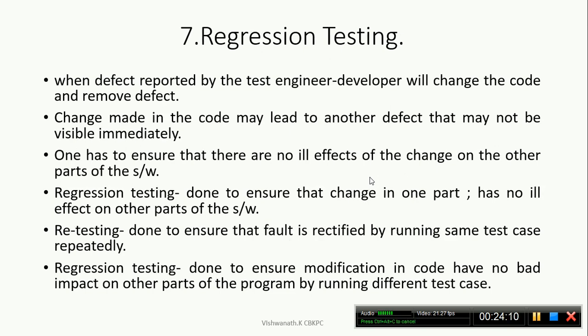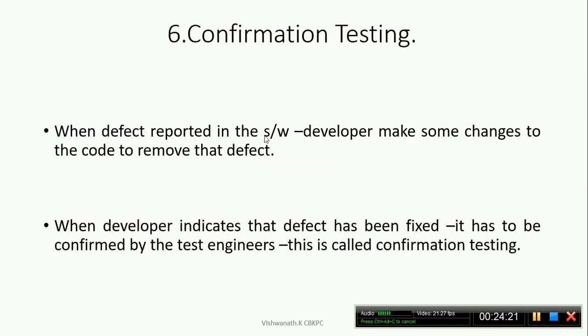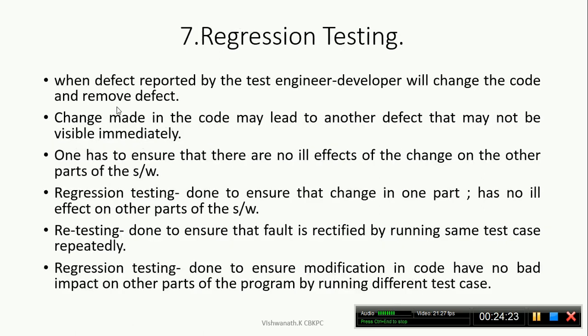So what is regression testing? Regression testing means that when a defect is reported by the test engineer, the developer will change the code and remove the defect. Now, the change made in the code may lead to another defect.